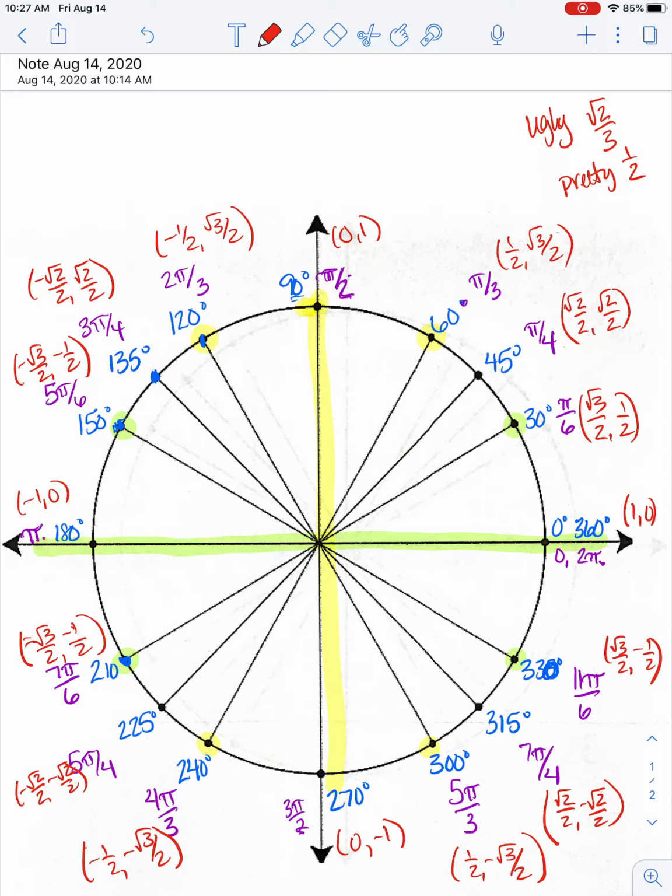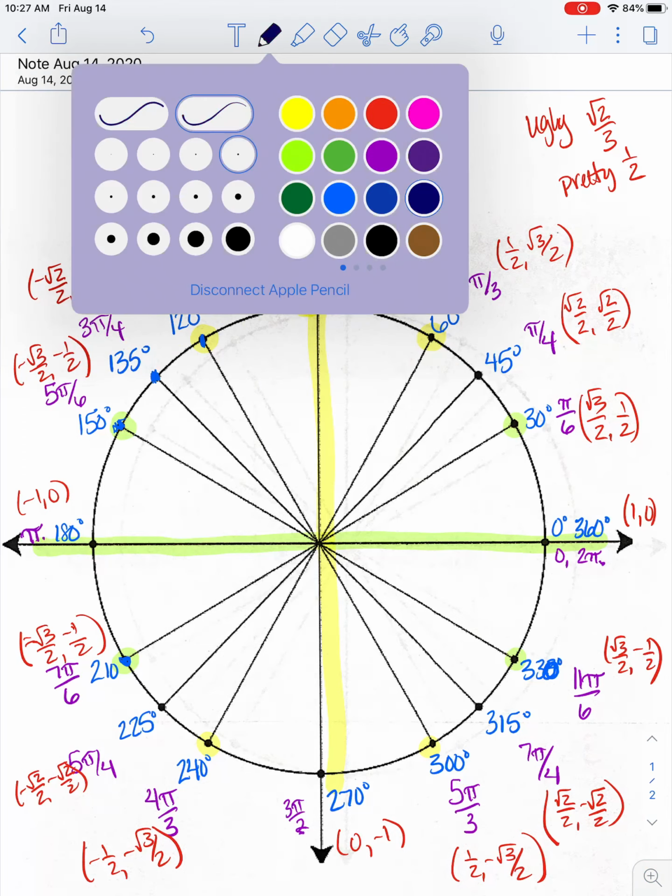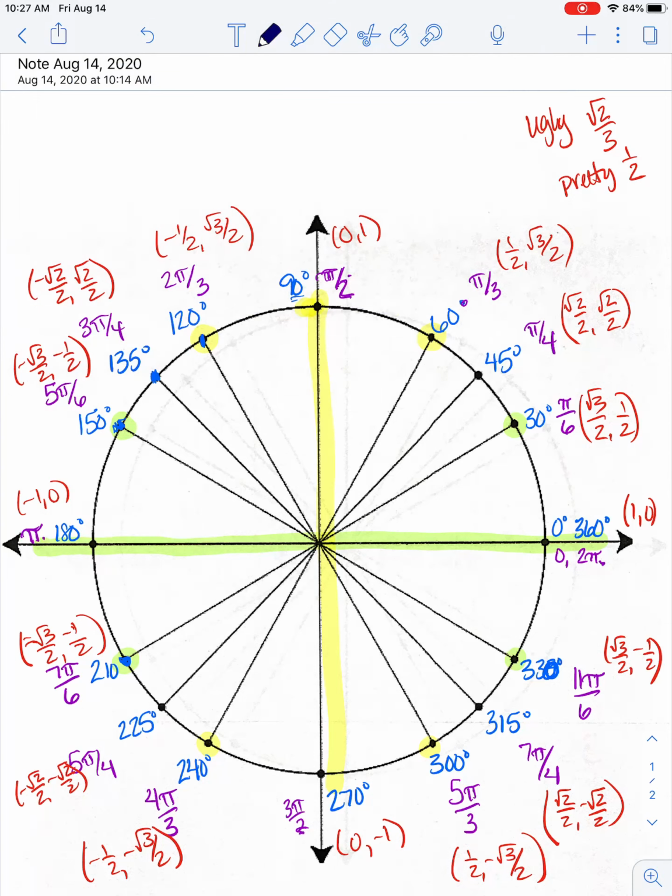Okay. Now that's just the structure and all the information, but you got to know how to use it. So another thing that you need to remember is that cosine is your x value, sine is your y value.